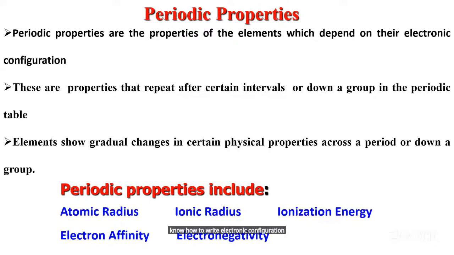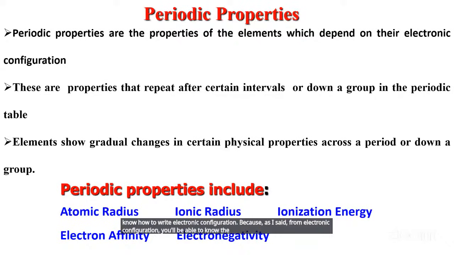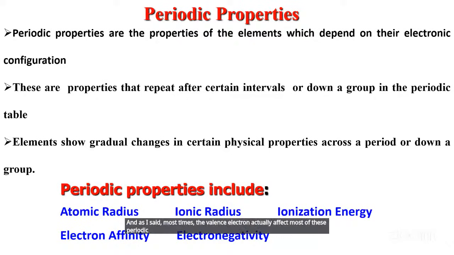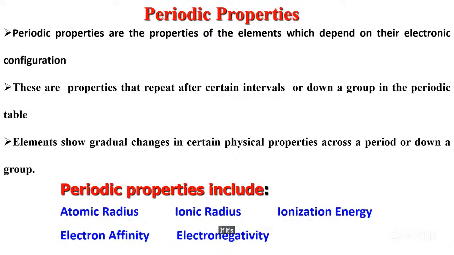Because from electronic configuration, you'll be able to know the valence electrons. And most times the valence electrons affect most of these periodic properties, either the physical or the chemical properties. And also, you'll be able to know the size of the shell, if the size of the shell is increasing or the size of the shell is the same and electrons are being added.